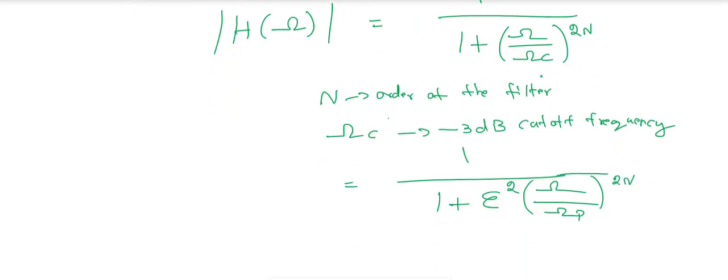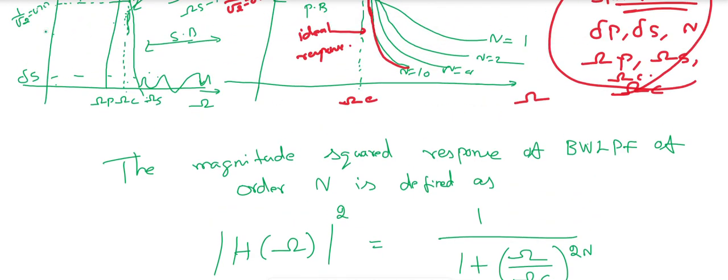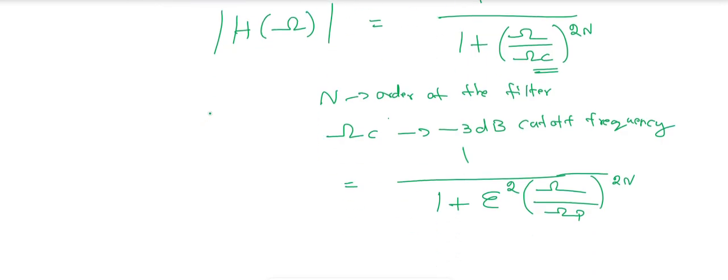So this is a 3 dB cutoff frequency with respect to the passband. What is actually the passband? The passband edge. So what is the epsilon here?